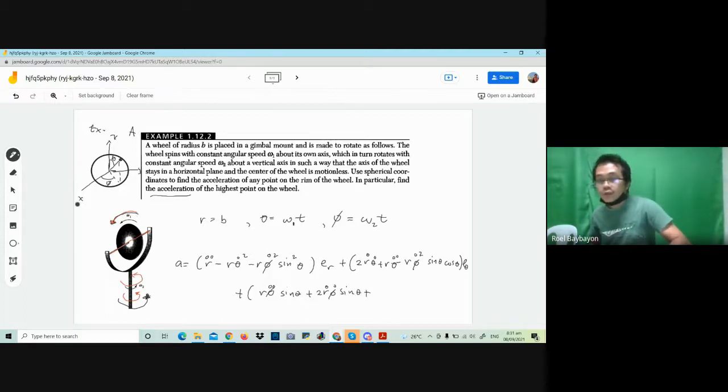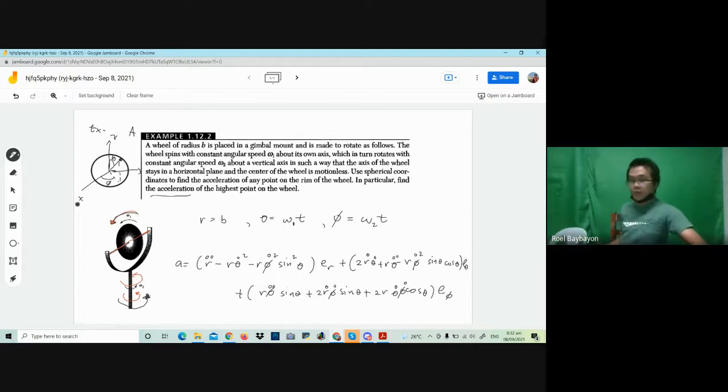This is an assignment. There is a slight mistake in Grant Fowles' book. The mistake is that e theta, instead of e phi, he wrote e phi, but the correct answer is e theta.